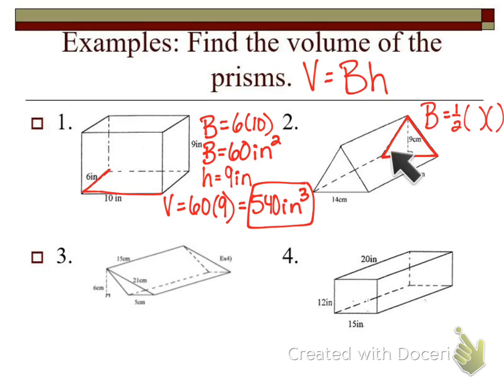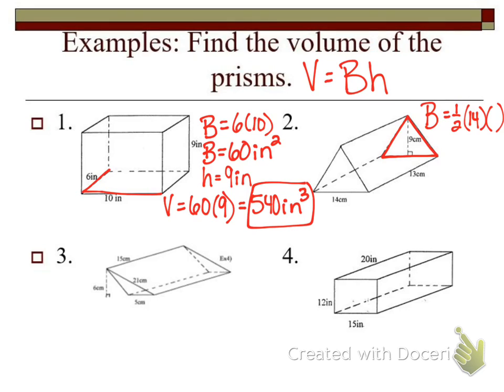Now the base of this triangle, little b, would be this bottom edge here, but they didn't label it there. So what is the little base of this triangle? 14. Good, 14. We have to take it from the other triangle. They are congruent. So 14 is the little base of the triangle.